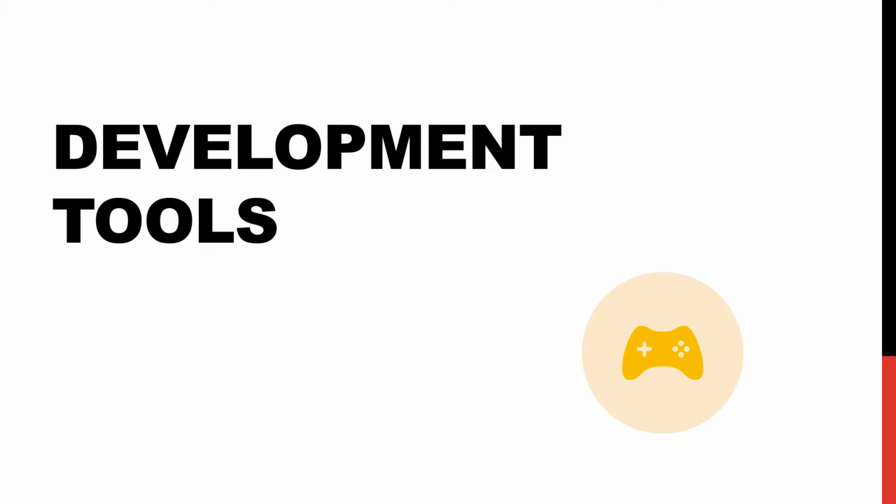So let's start with the development tools. Overall, this doesn't only include things like programming tools or things that we use to write, edit or test source code. The development tools also cover all the other things that are required for the game project to be successful.